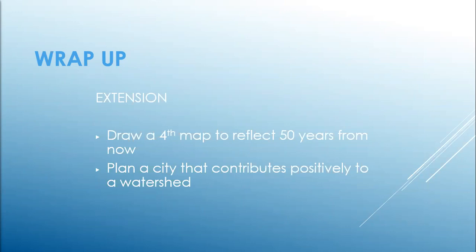And then take a note, does the residential land increase or does it decrease? Is the stream affected at all? Or is the agricultural land increasing or decreasing? Step 2 is this time plan a city that contributes positively to a watershed. So think about where the residential areas and agricultural land will be placed in relation to the body of water.